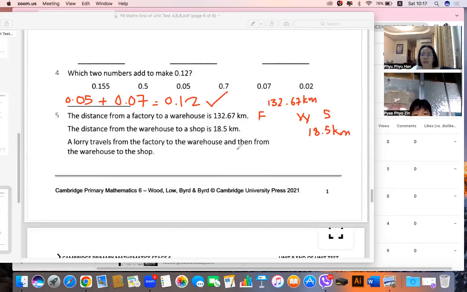Okay. And it says a lorry travels from a factory to the warehouse, and then from the warehouse to the shop. Okay. So what is the total distance now? Now you calculate, okay, and you tell me the answer. So you can do it on my screen also.